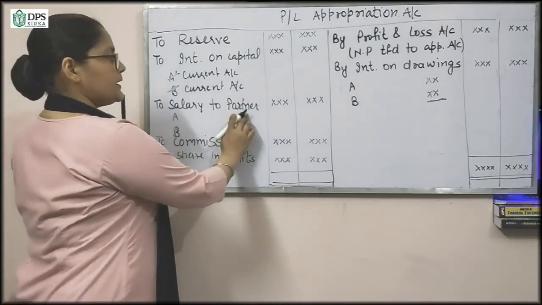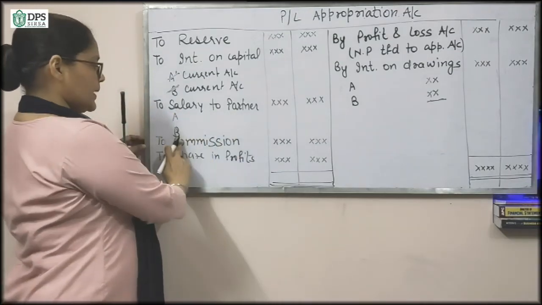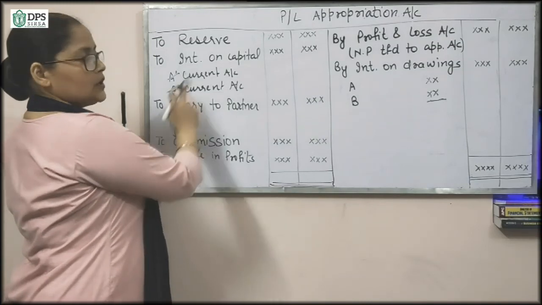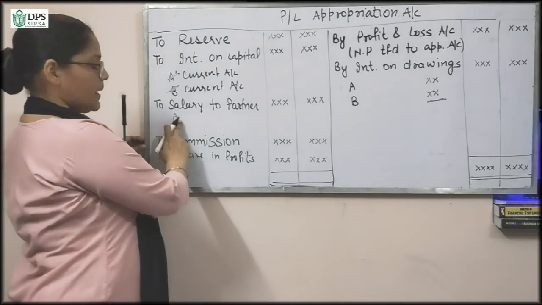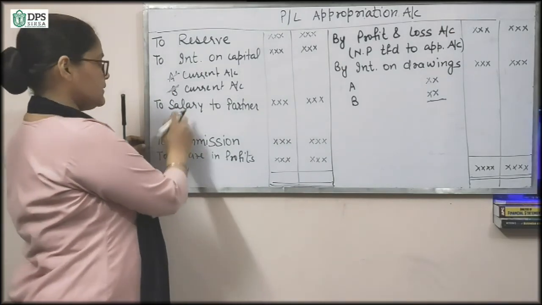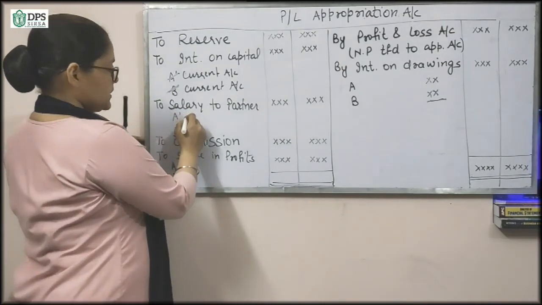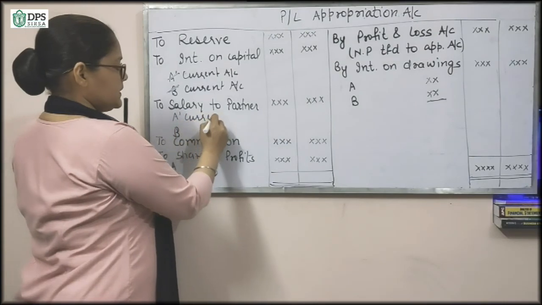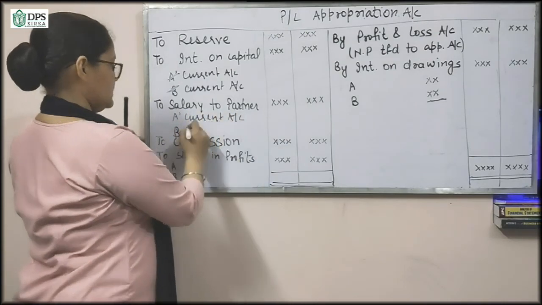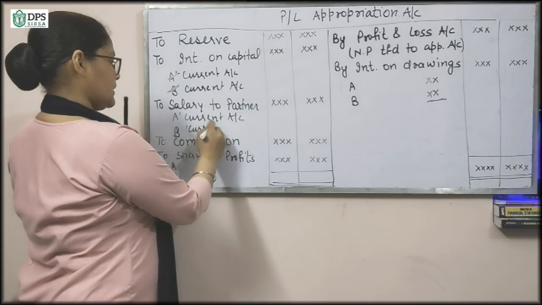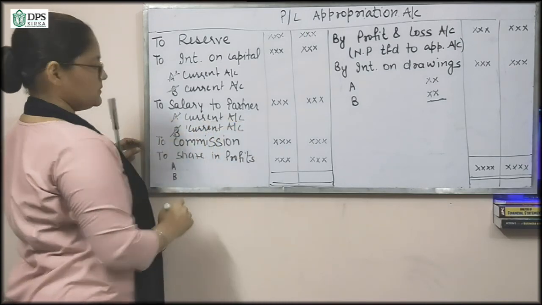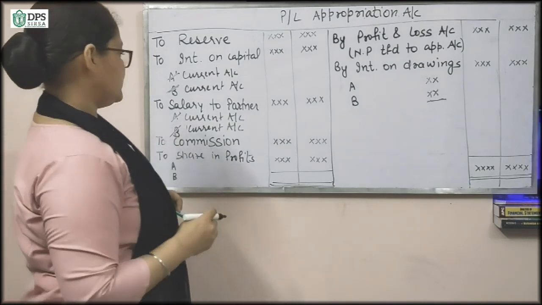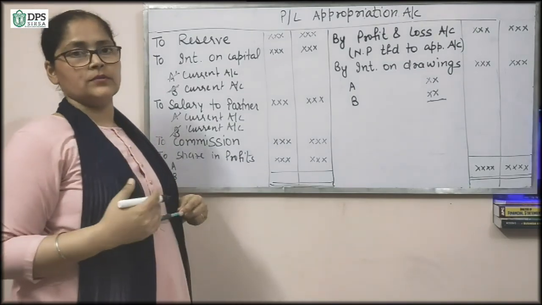If we are providing salary to the two partners, it was first going to the partners' capital account, now it will go to the partners' current account. So we will write current account, current account. This is the main thing that you should take into consideration.